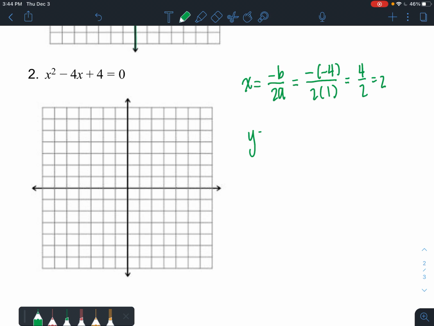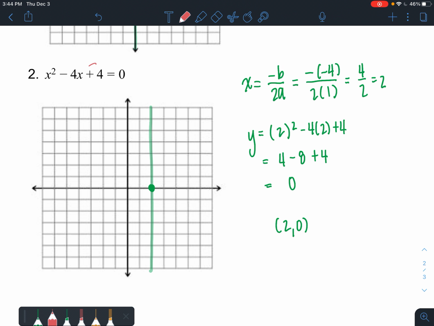Then for y, we plug in: 2 squared minus 4 times 2 plus 4. So we get 4 minus 8 plus 4, and we get 0. So (2, 0) is my vertex, and my axis of symmetry goes through that point.